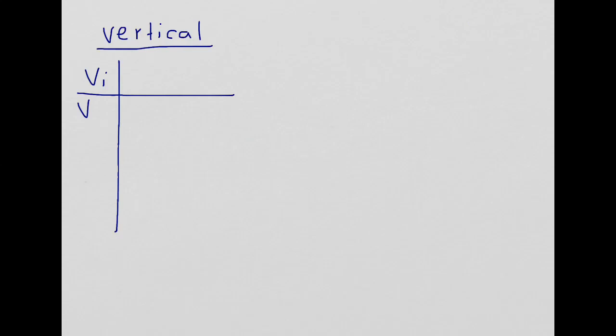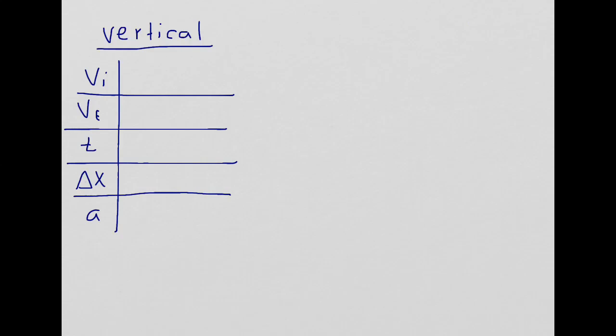Okay, so let's make a chart on what we know with respect to the vertical. So, initial velocity, final velocity, time, change in position, and acceleration.